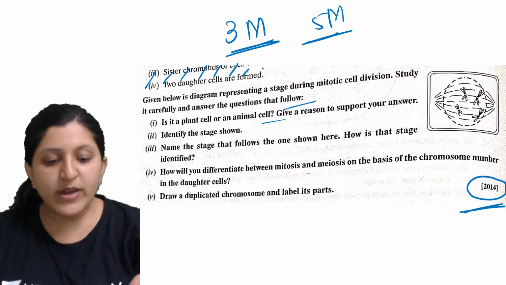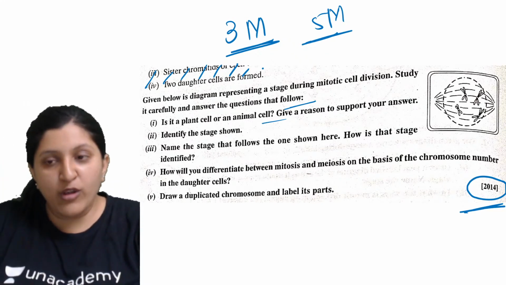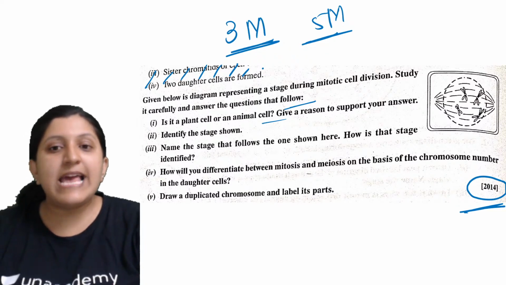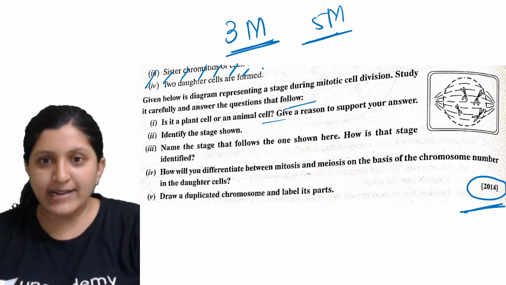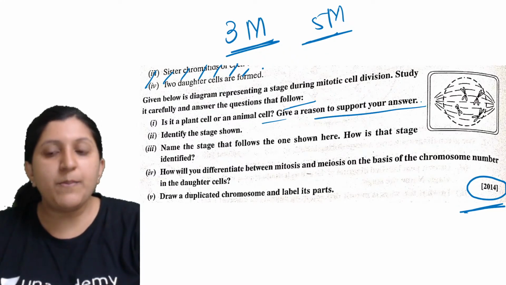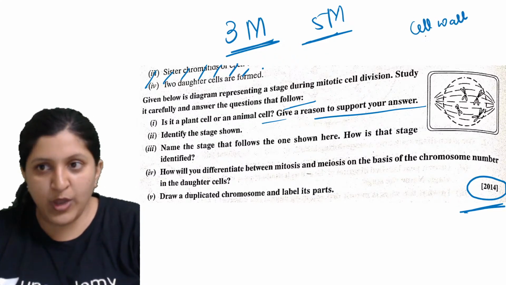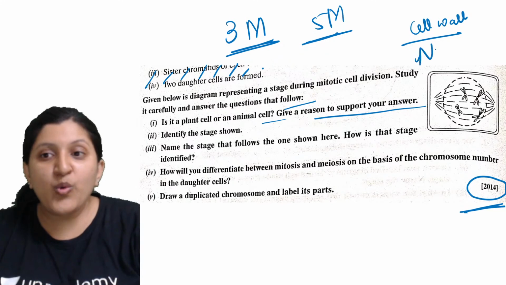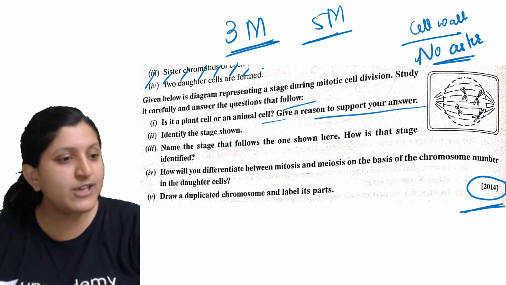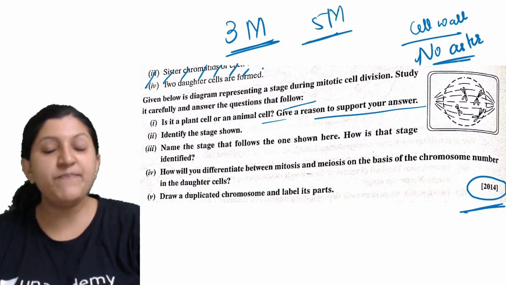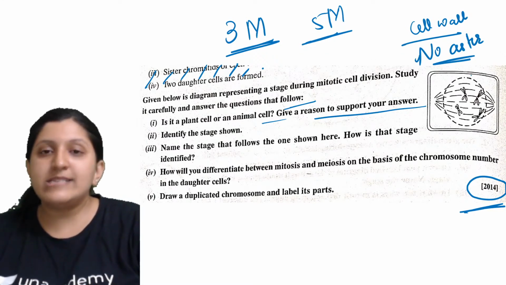That is based on the cell wall presence. Since the cell wall is present here, we can say that this is a plant cell. Give a reason to support your answer. You can say cell wall is present as one of the reasons, and there are no asters. Aster formation you do not see in a plant cell because the centriole is not there, so there is no aster formation. Based on that we can say this is a plant cell.